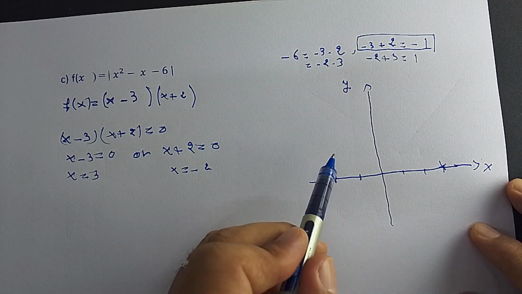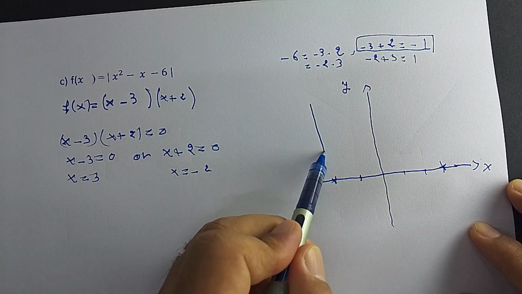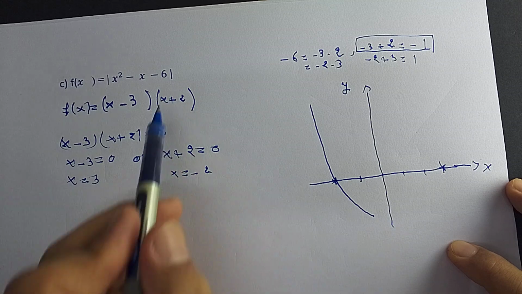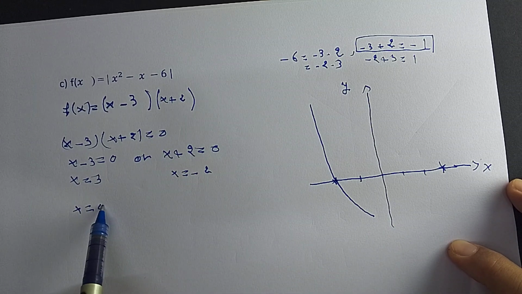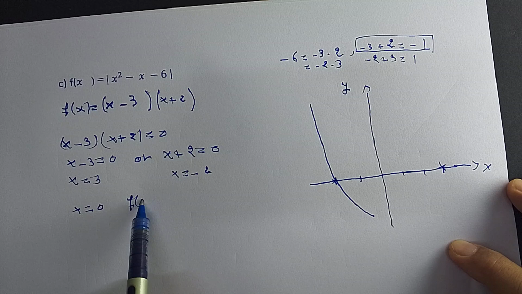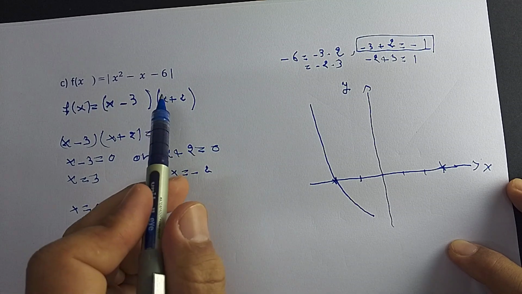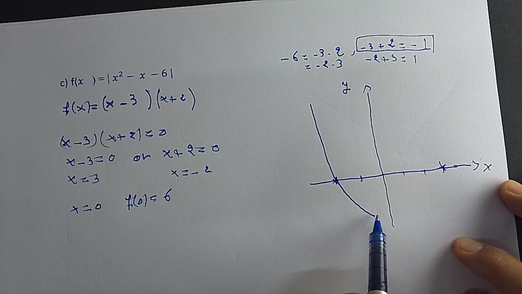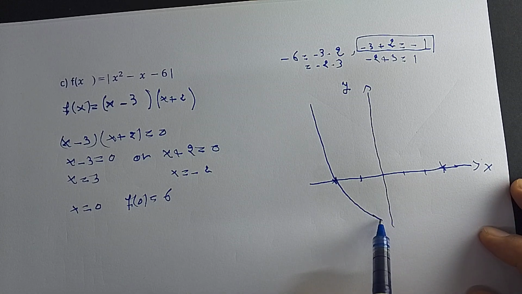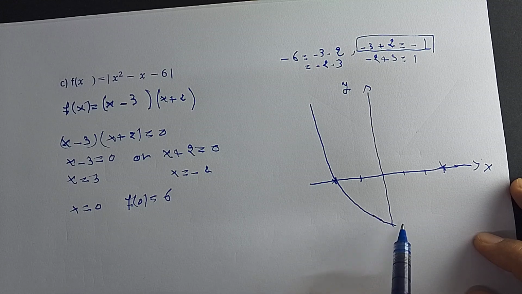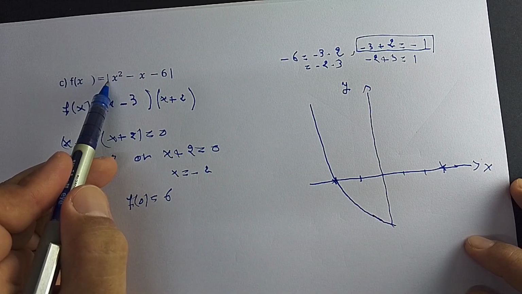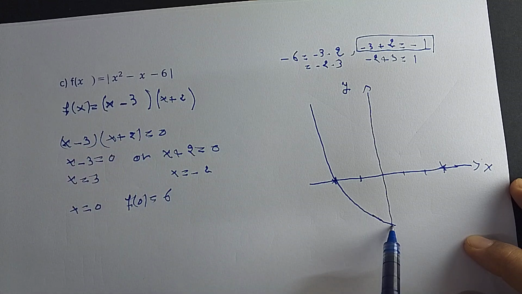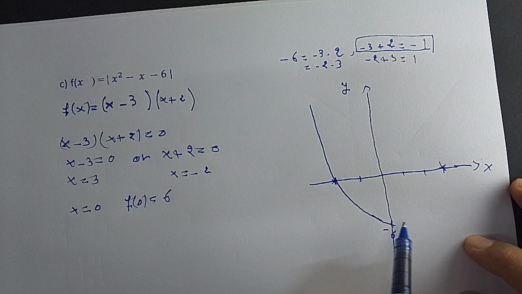When you plot our graph of f, if x equals 0, f(0) without the absolute value equals minus 6. So let's plot minus 6 here.